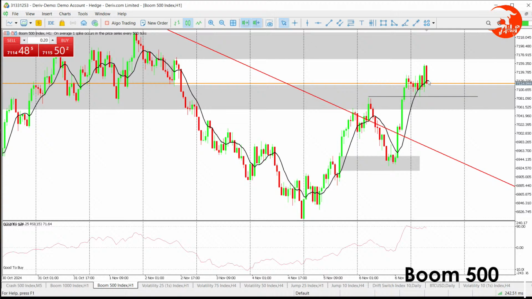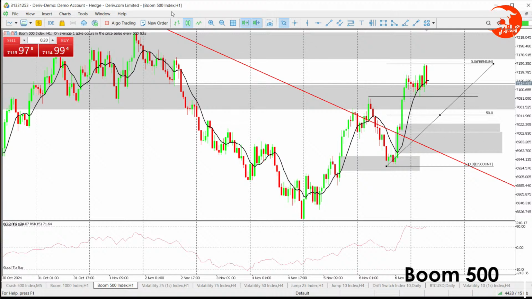If price breaks that level, then I'll be looking for more sales to bring me either to that order block, which would be the ideal thing, or to the fair value gap down below here.